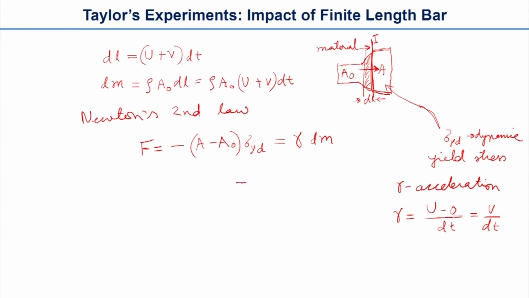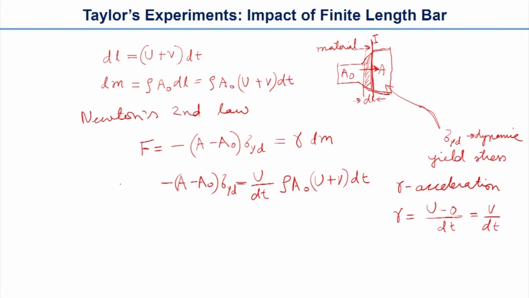Now if we have gamma as U over dt and dm from the above expression, rho A naught (U plus small v) dt, and on the left hand side minus (A minus A naught) sigma yd.